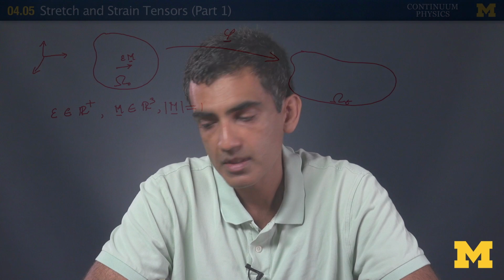So epsilon is the magnitude of that vector, and m is essentially a direction. But importantly, it's scribed on the material.